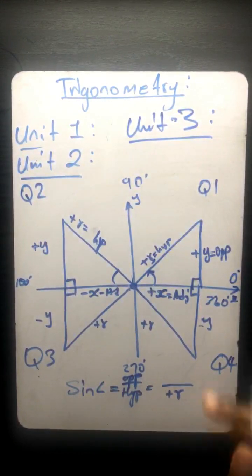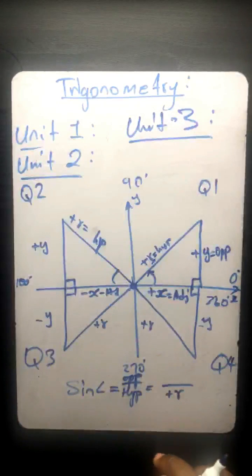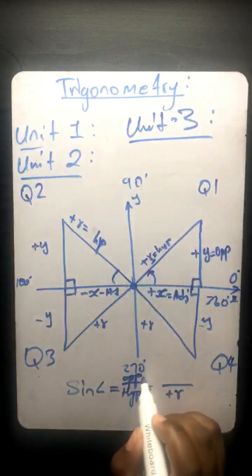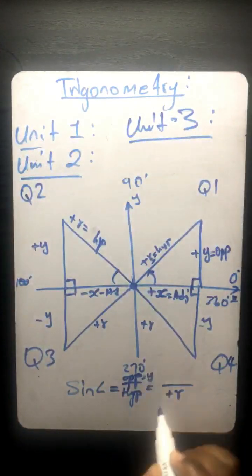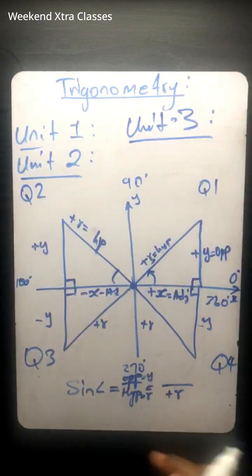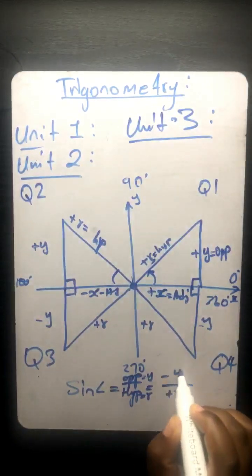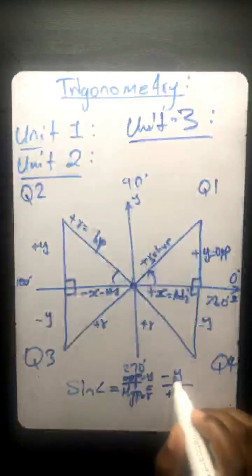Is it in the first, second, third, or fourth? Let's make an assumption that it's in the third quadrant. So ask yourself this question. Since we said opposite, we remember y, this one r. Is your y in that quadrant positive or negative? You can see your y is negative. That is why you are going to have a ratio which is negative y over r.